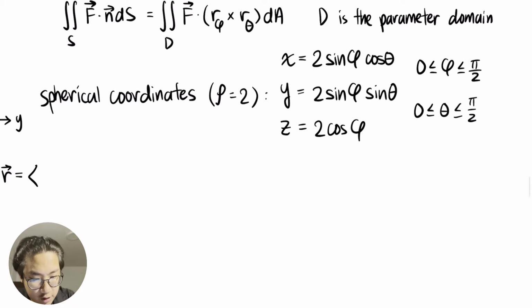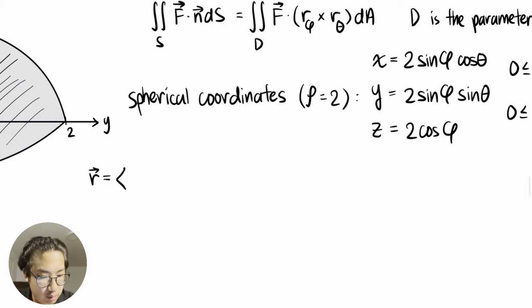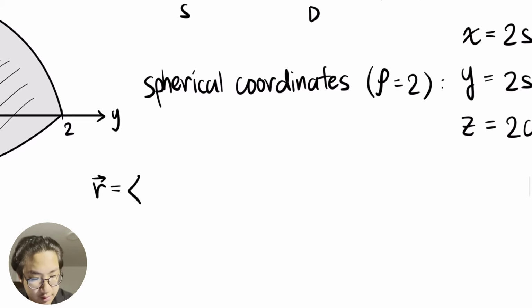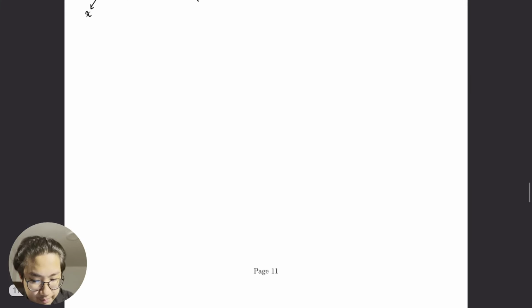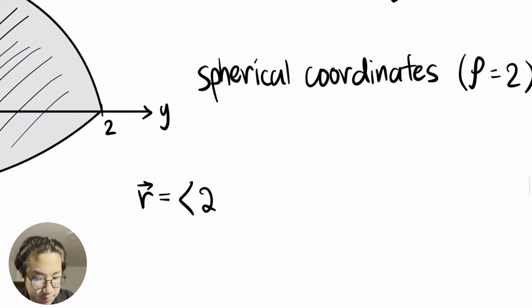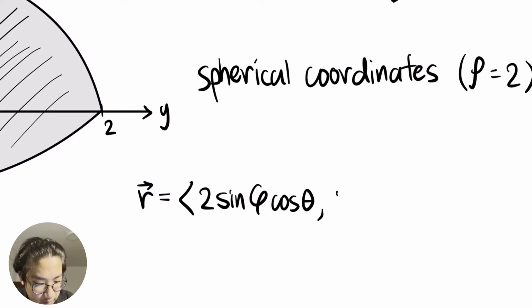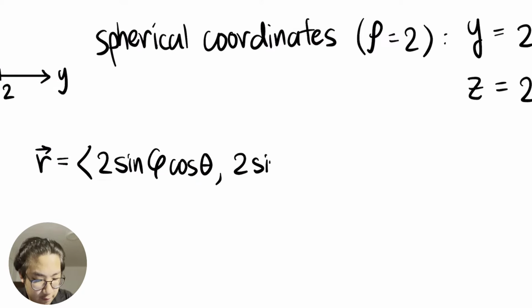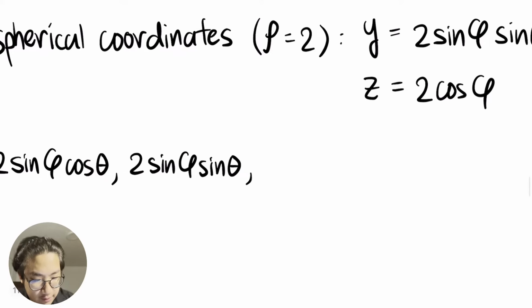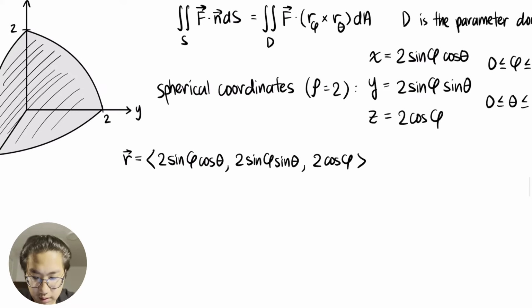We're just copying this basically in terms of a parameterized surface. So you have 2 sine phi cos theta, and then we have 2 sine phi sine theta, and then finally we just have 2 cos phi. And that is our parameterized surface right over there.